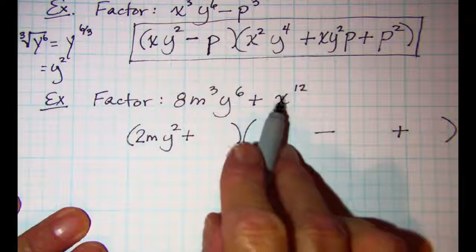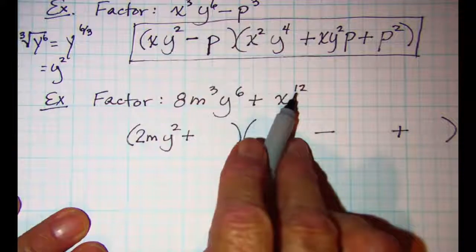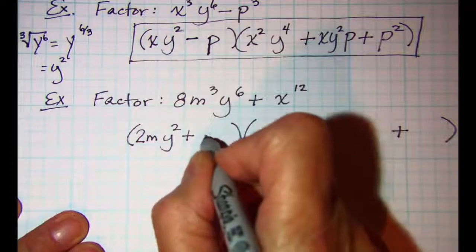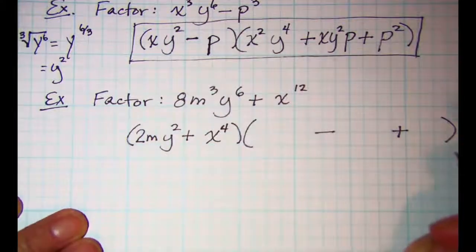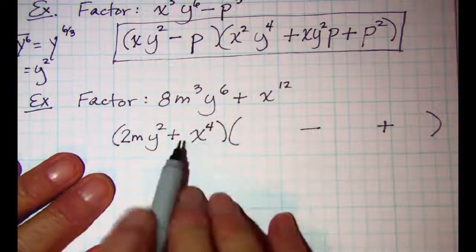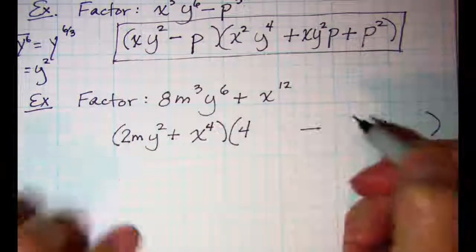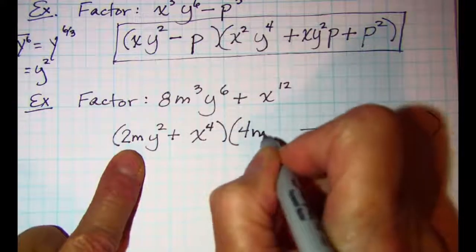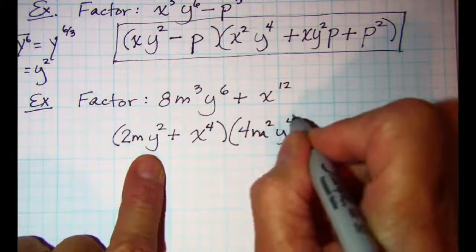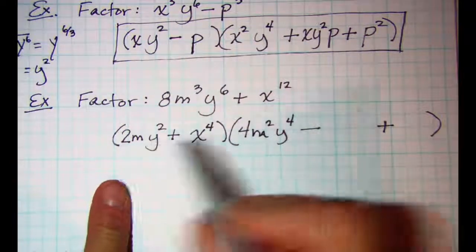And then the cube root of x to the 12th, I want to divide this 12 by 3. 12 divided by 3 is 4, so the cube root of x to the 12th is x to the 4th. Alright, now to get my terms in my trinomial, I'm going to square each of these. So 2 squared is 4, m squared, y squared squared, and then for my middle term, I'm going to multiply these two together.